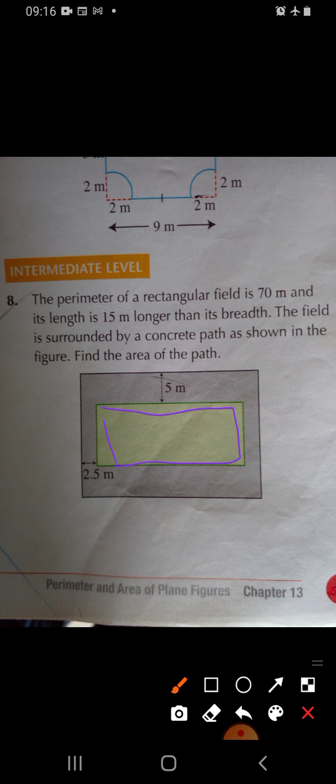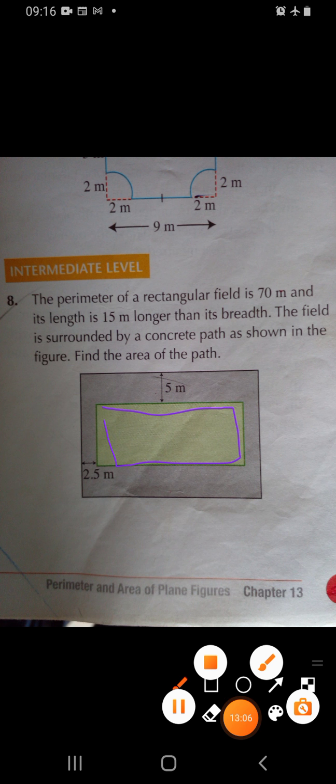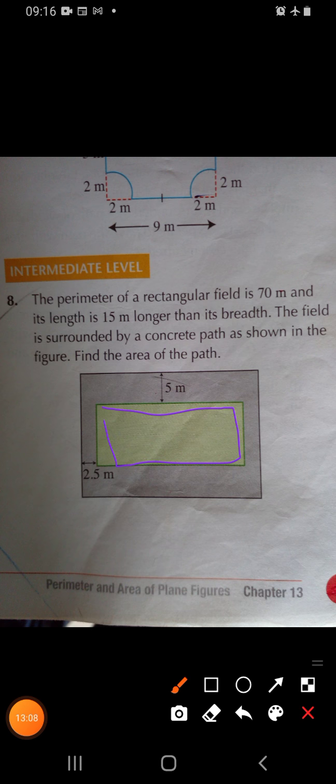So now here we have a rectangular field. They are discussing this rectangular field. They are saying that the length is 15 meter longer than the breadth.